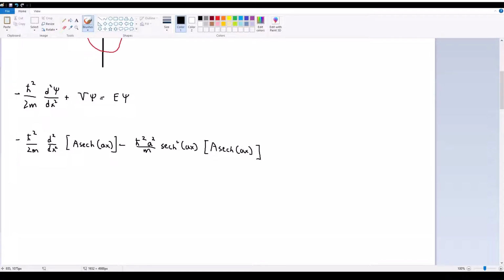And we want to show that this expression evaluates to some constant multiplied by our wave function. So let's do that now.